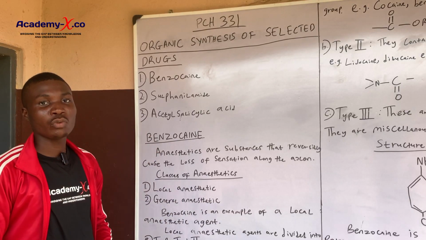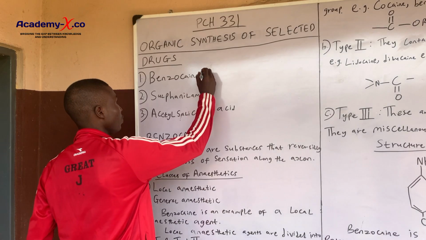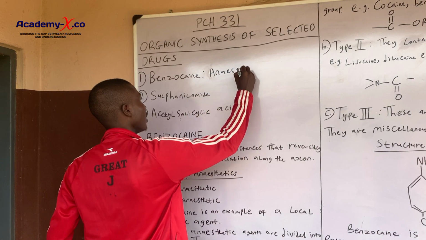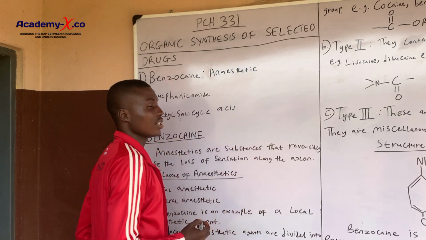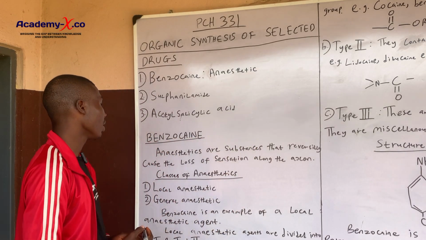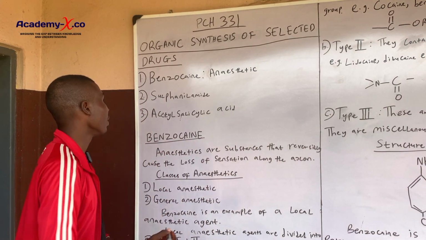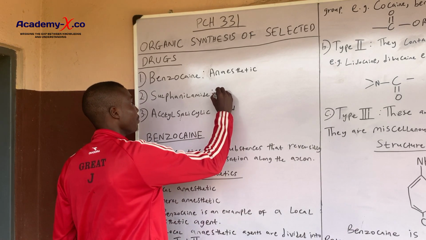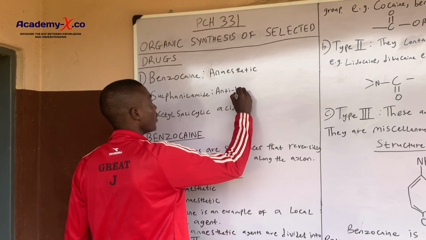We're going to begin with benzocaine, which happens to be an anesthetic agent. I'm going to be explaining what that means as we break it down. Sulfanilamide is an antibacterial agent.